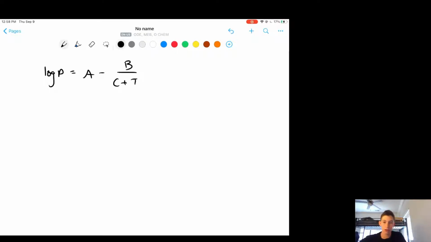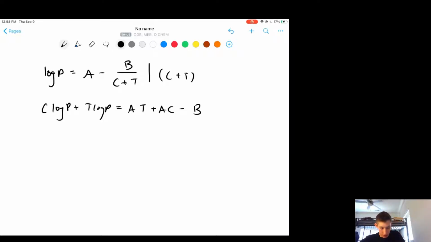So what we're going to do is just use algebra to manipulate this equation so we can eventually put it into matrices and then multiply that out. So to start, we're going to multiply by c plus t. So then over here we have c log p plus t log p equals a t plus a c minus b.